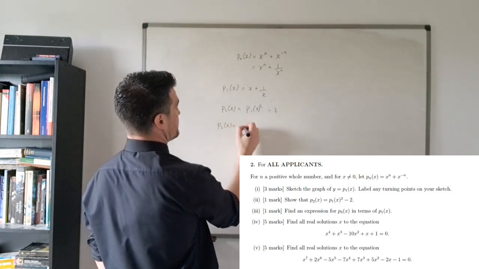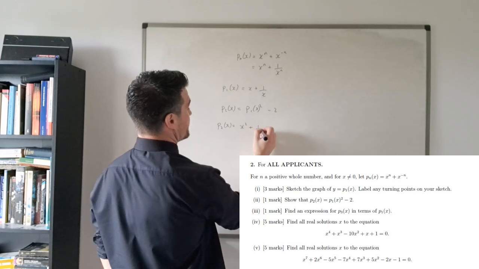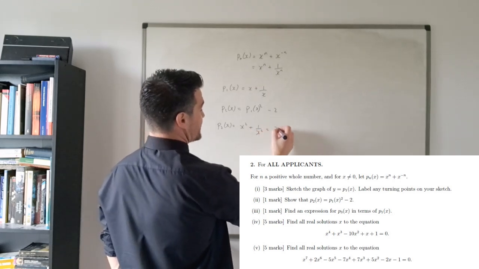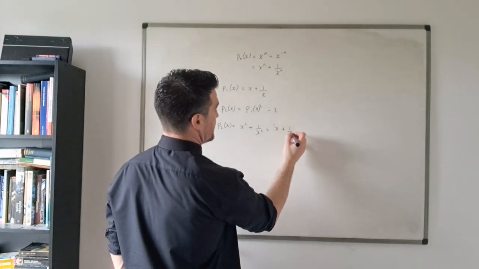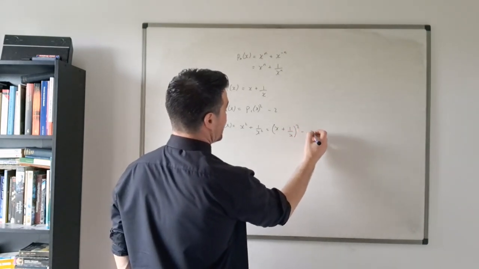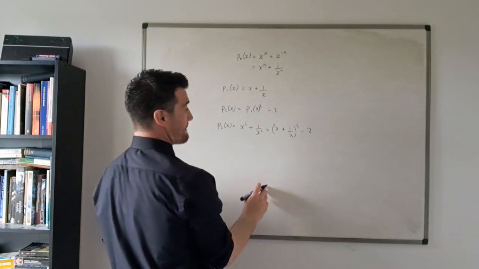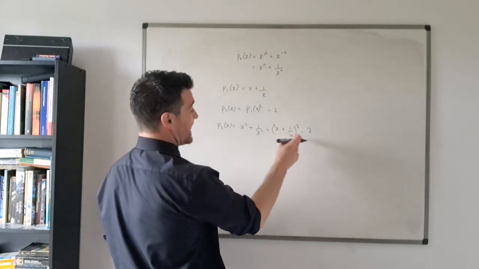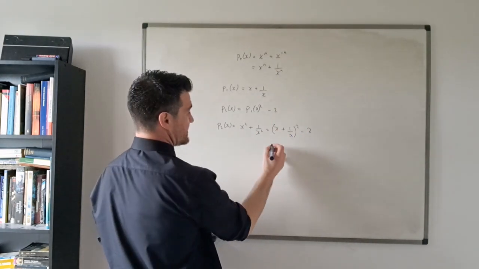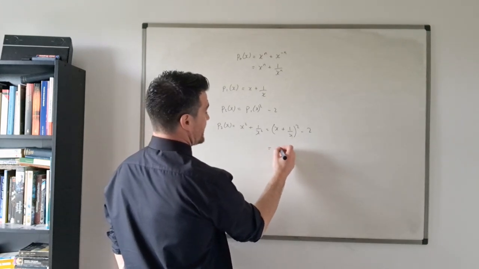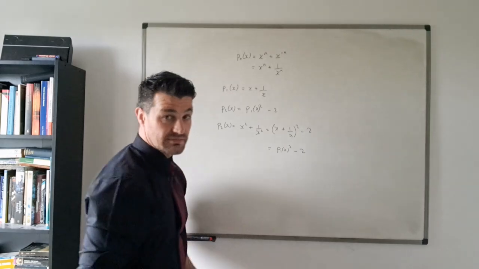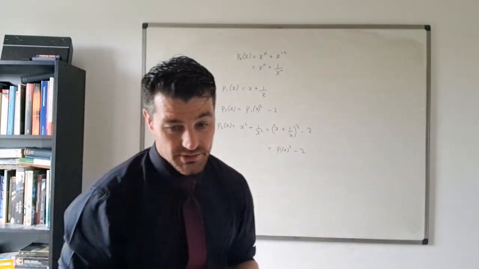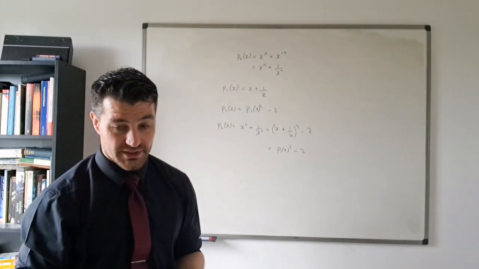P2x is x squared plus 1 over x squared, which is x plus 1 over x squared minus 2. Expand this out, see what you get. You'll get this, which is equal to P1x squared minus 2. Easy, straightforward. It's only 1 mark anyway.